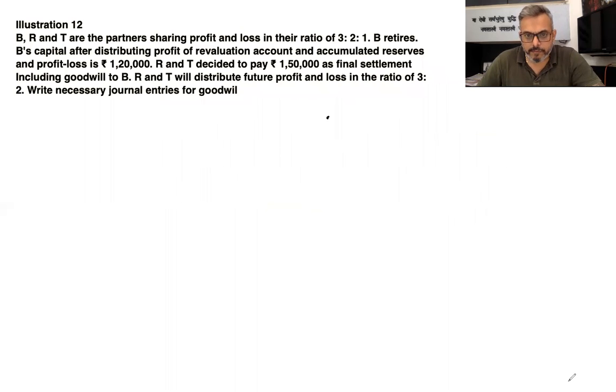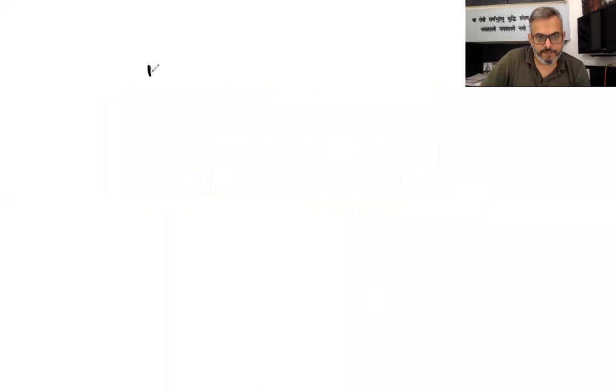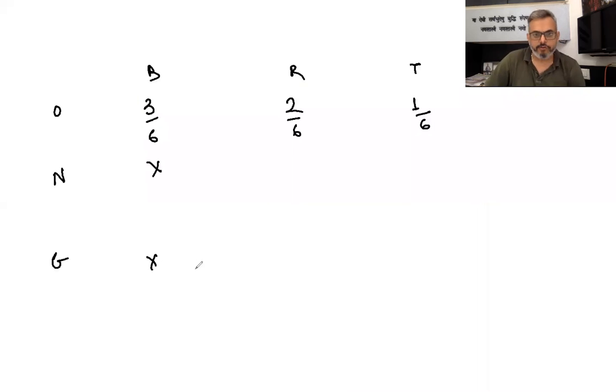Now, let's find the ratios. So the ratio for B, R, and T is what we have to find out. So you have B, you have R, and you have T. Now the old ratio is 3 is to 2 is to 1. So 3 by 6, 2 by 6, and 1 by 6. New ratio, B is retiring, so cross him out.